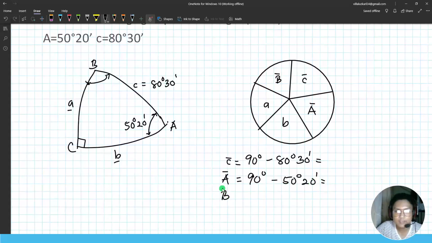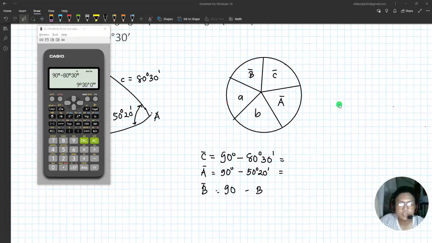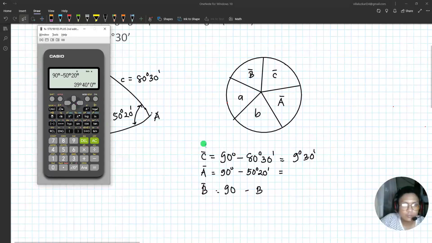Bar B is 90 degrees minus B. So, we subtract except for bar B. Using our calculators, we can compute the complement of side C, which is 9 degrees, 30 minutes. Then, for bar A, we have 39 degrees and 40 minutes.